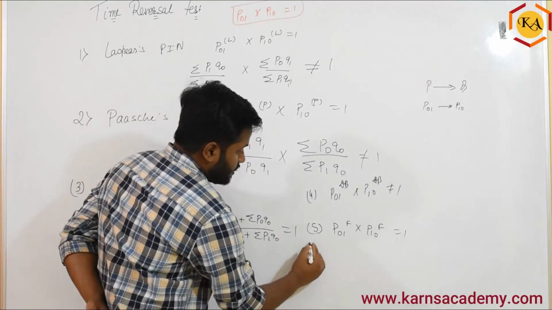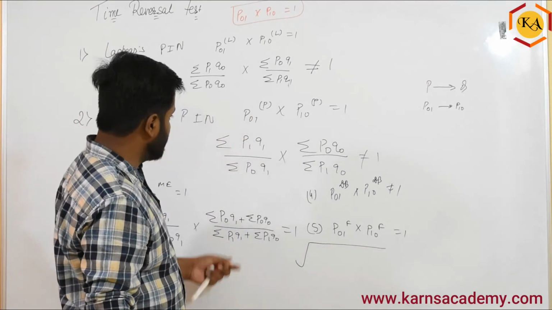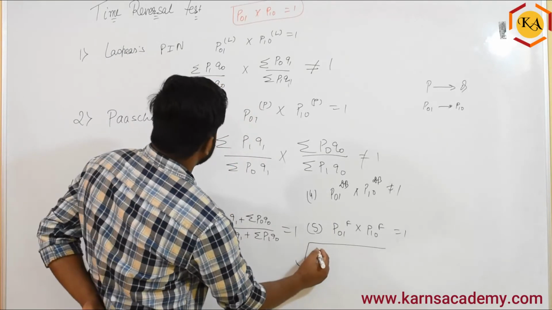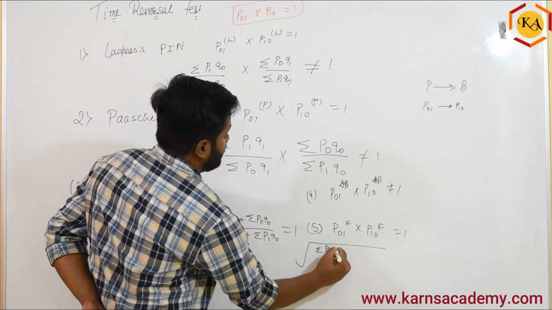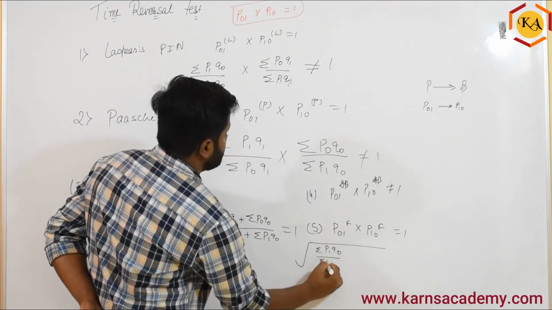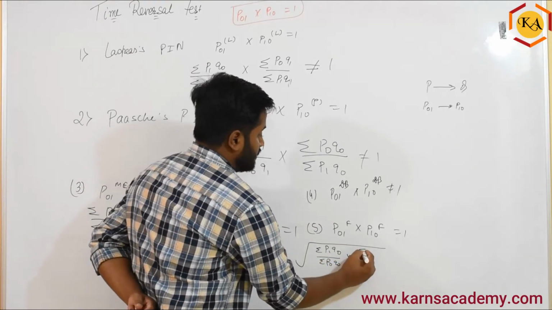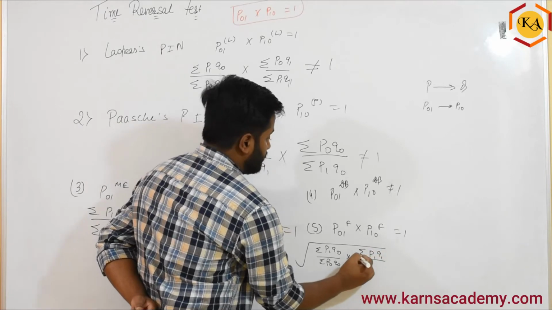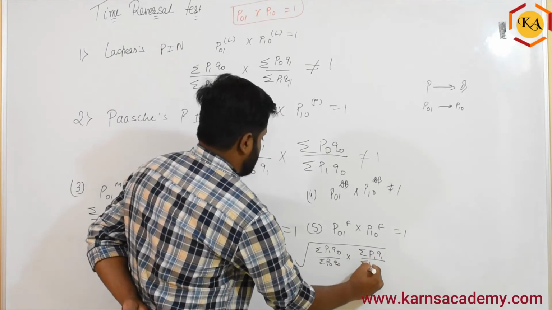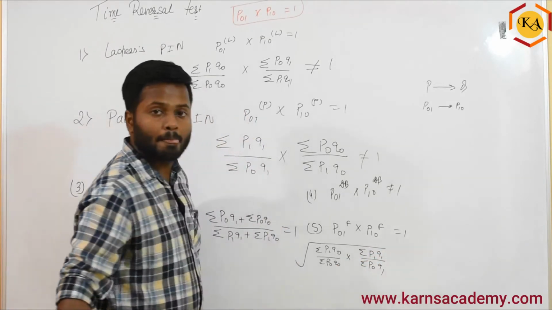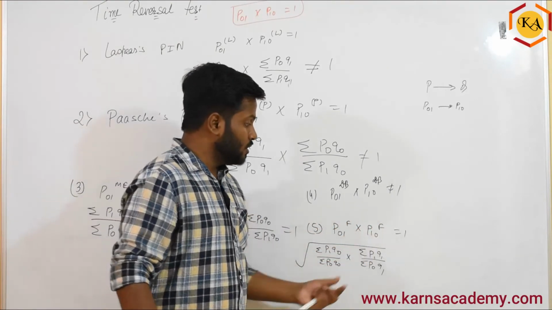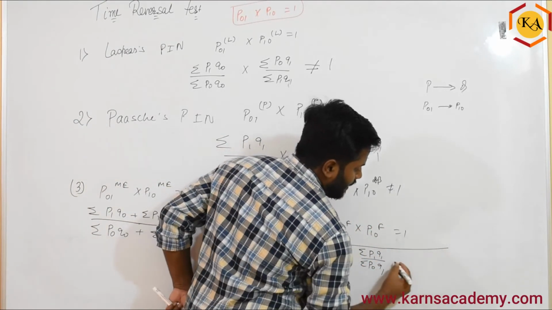So we know that Fisher's is a square root. Correct. So let's write that last pair, that is summation P1Q0 by summation P0Q0 into summation P1Q1 by summation P0Q1. Correct. And then P10. So can I extend this root and write anything?